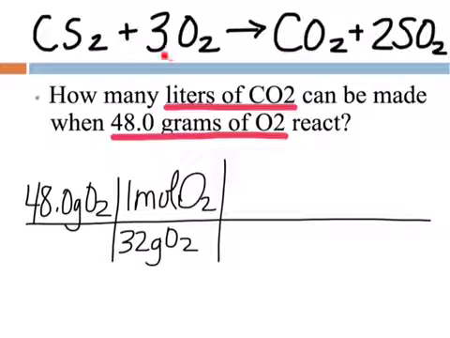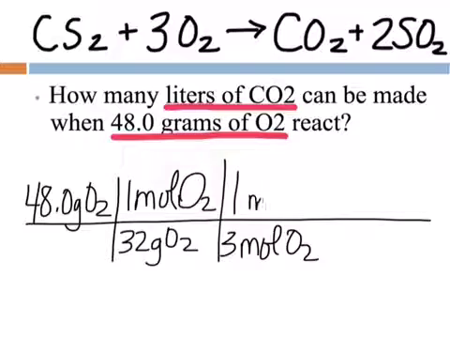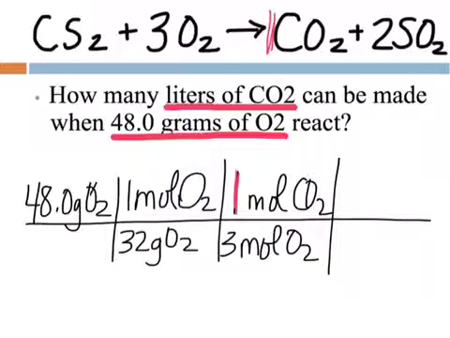Looking up here at my balanced chemical formula, I can see that for every 3 moles of O2, there are going to be 1 mole of CO2. And this one here is from this imaginary one here. So grams cancel, moles cancel. Now I'm in moles of CO2.